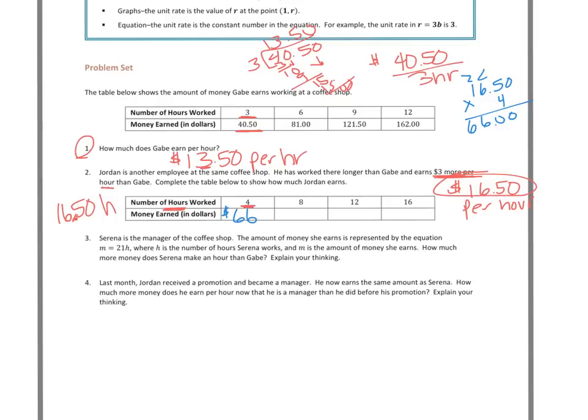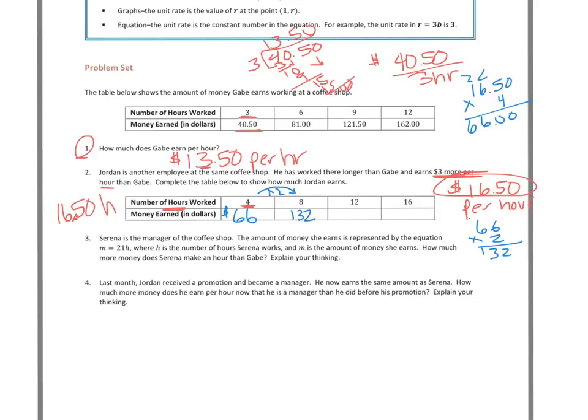And then for 8, really I could do $16.50 times 8, or I know that this is times 2, so I would just multiply this one times 2. This is going back to our ratio tables. So it looks like it's 132.